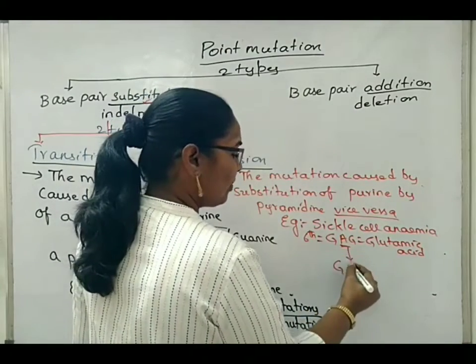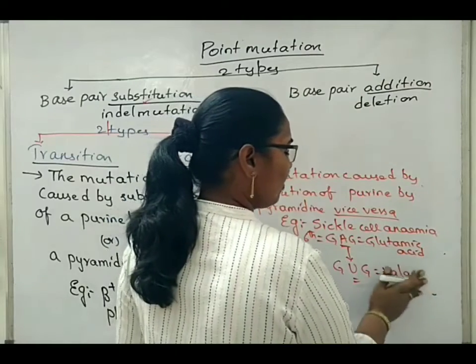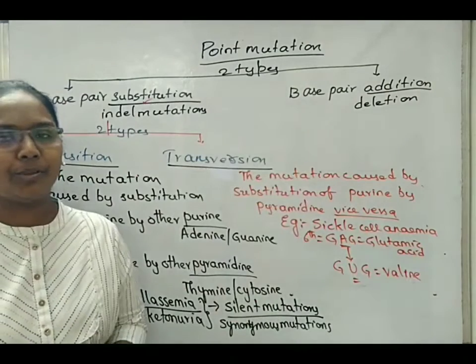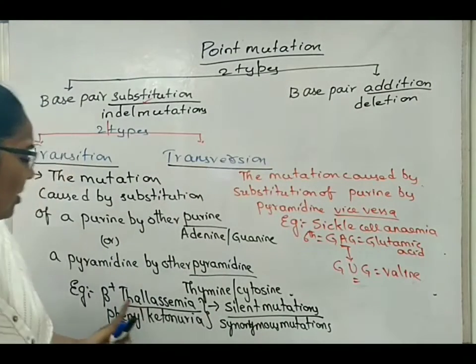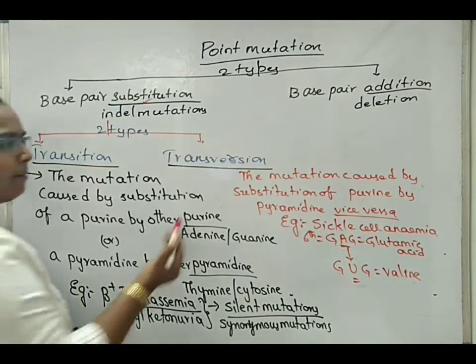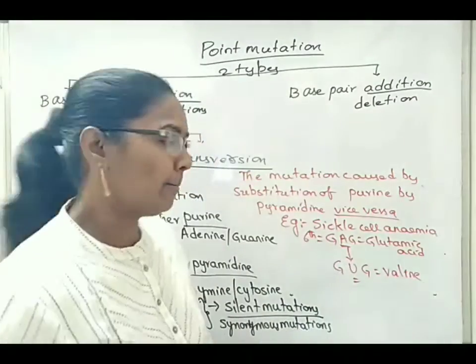If this adenine is replaced by uracil, then it codes for another amino acid, that is valine. So this can be considered as a transversion type of mutation. So under transition type, we have seen two examples, beta thalassemia and phenylketonuria. Under transversion type of mutations, we see examples like sickle cell anemia.